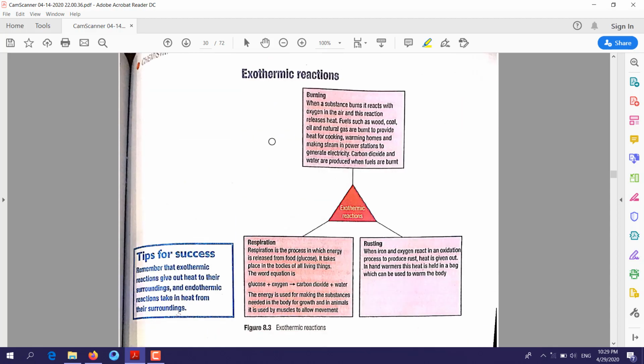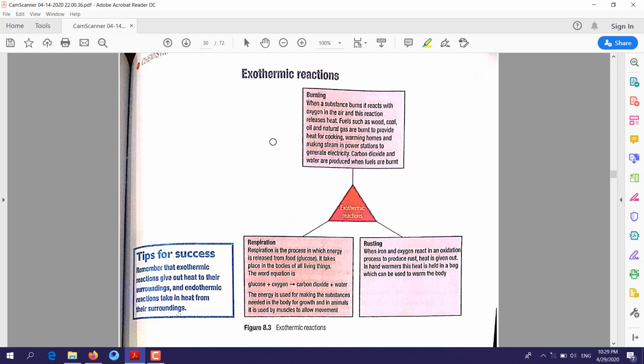Let's take another example, an exothermic reaction. An exothermic reaction is a chemical reaction in which the heat is given out. What does that mean? How can we give heat out? Simply, the simplest answer is by burning.